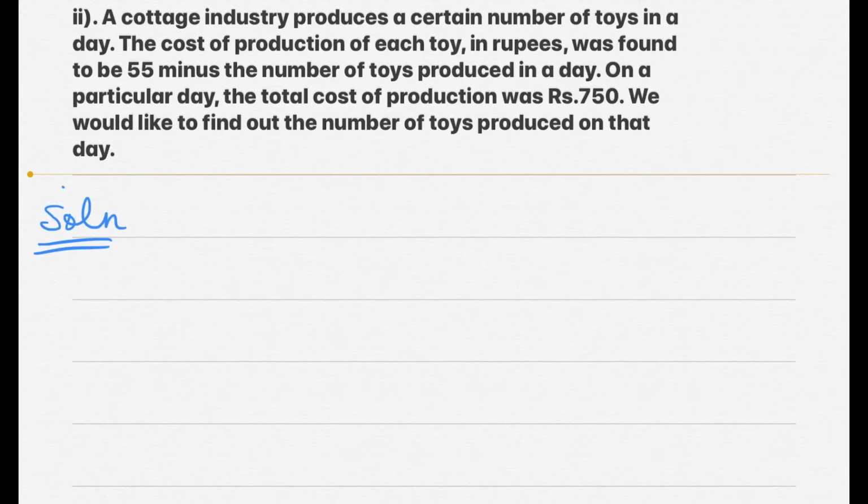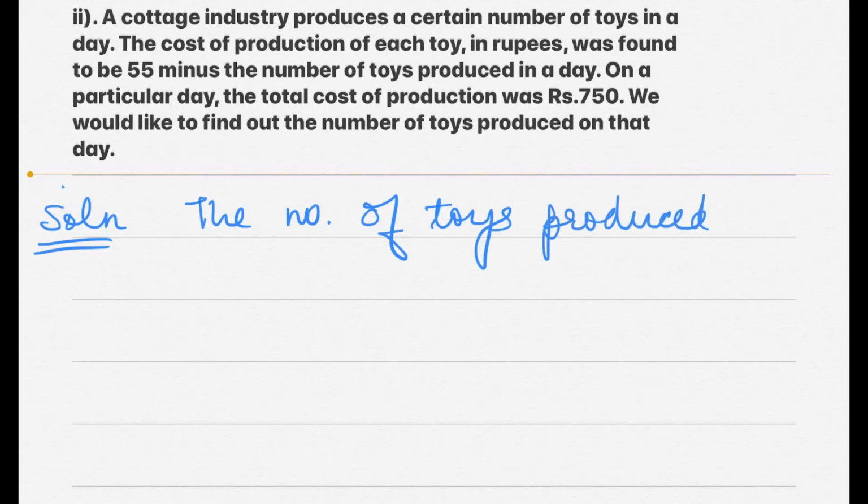So I can assume that the number of toys produced in a day is x. Let the number of toys produced in a day be equal to x. So suppose they produced x number of toys. Now the cost of production in rupees was found to be 55 minus the number of toys.